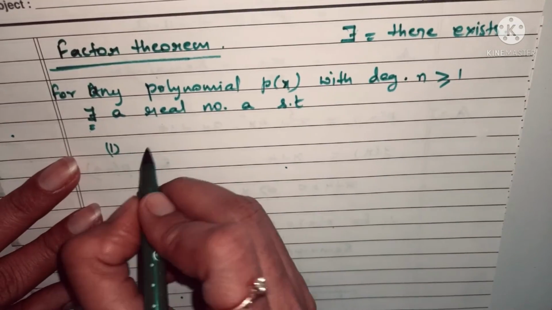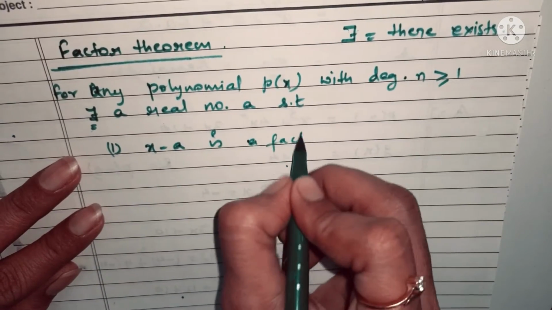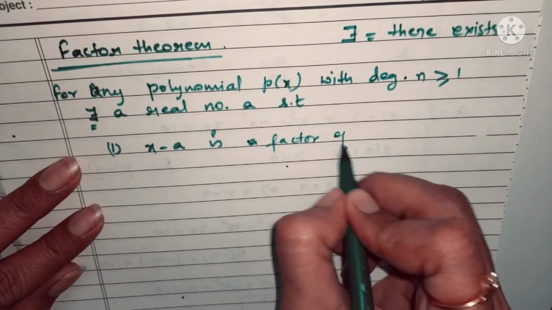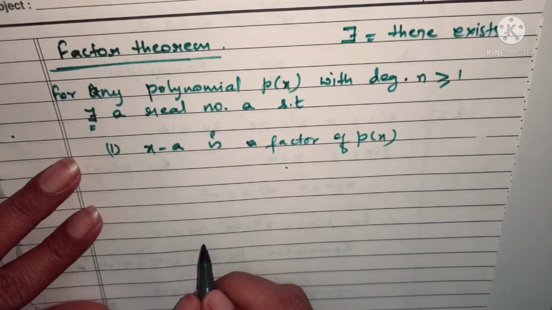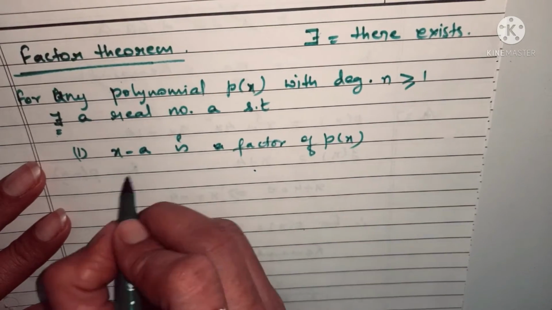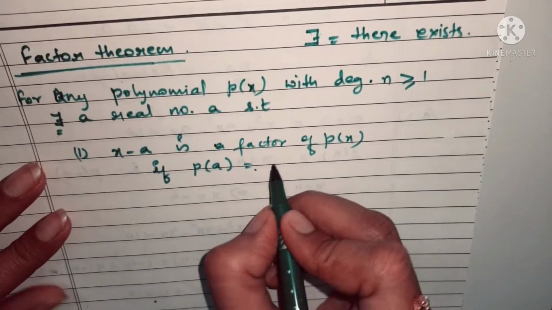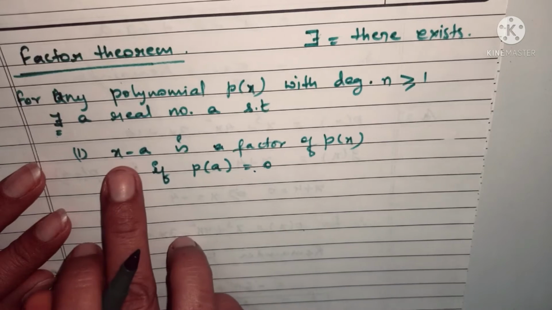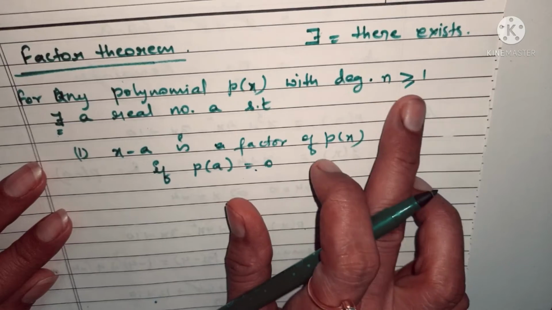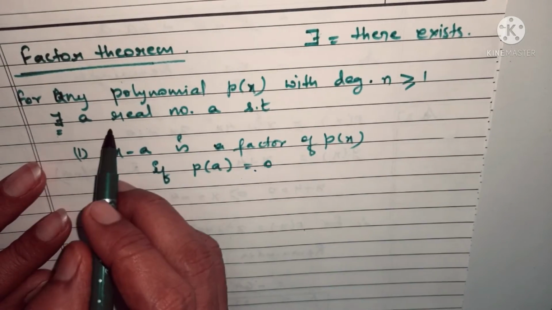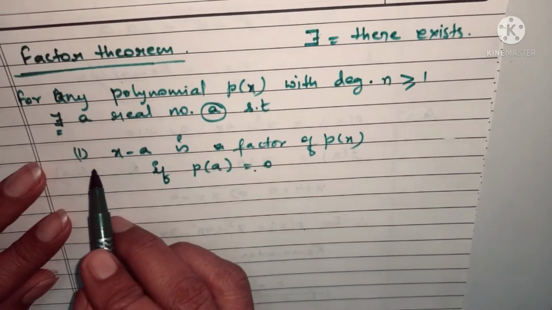What? That x minus a is a factor of p(x), if p(a) is 0. So this is the first condition. For any polynomial p(x) with degree n greater than or equal to 1, there must exist a real number a, such that the first condition is what?